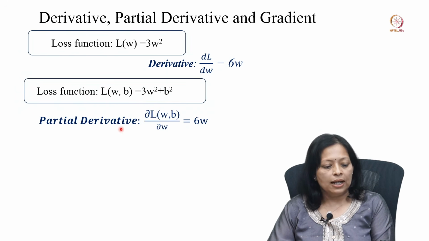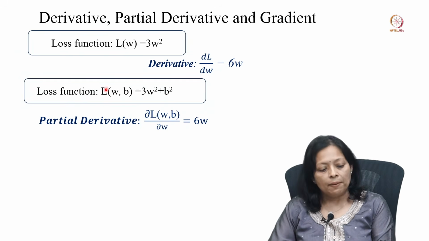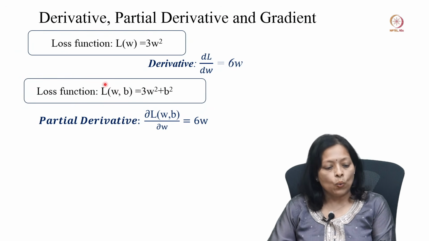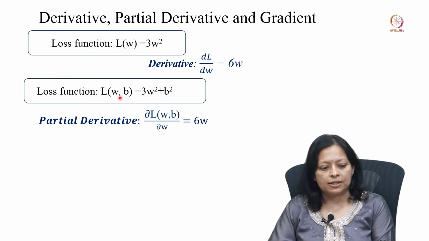Okay. Then the partial derivative, what do we mean by partial derivative? Partial derivative means when there is a function, suppose here L, which is a function of two parameters w and b in this case, then we take the derivative of L with respect to one of the parameters, keeping the other constant.